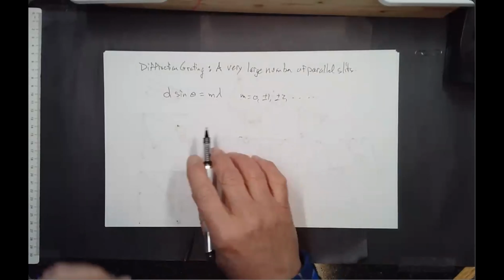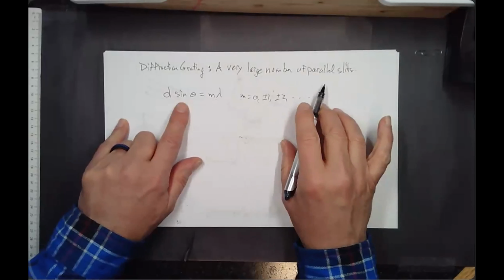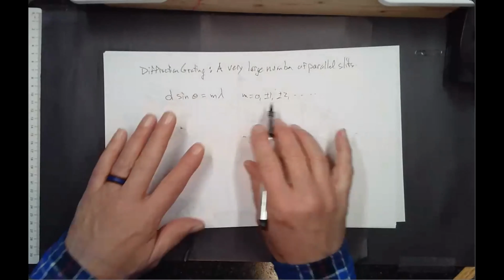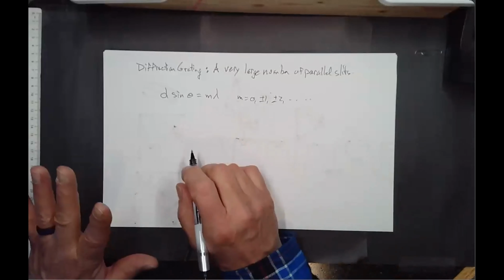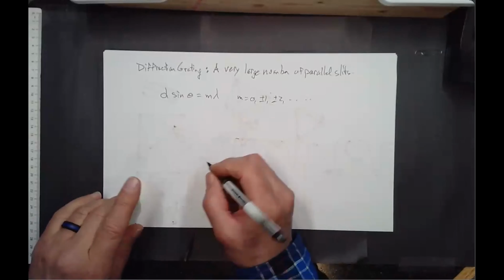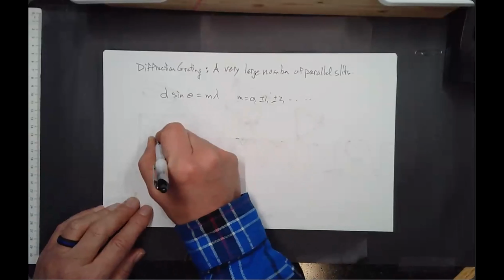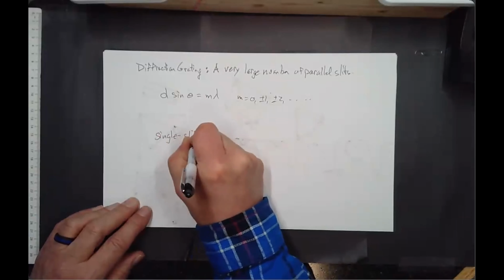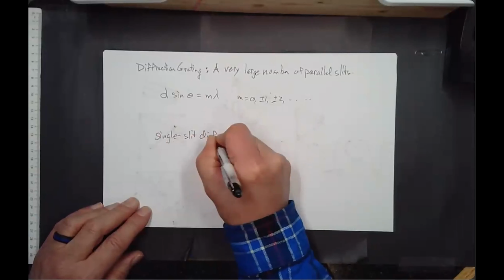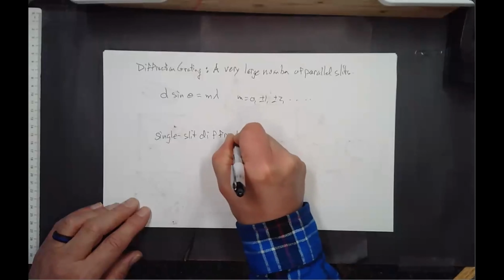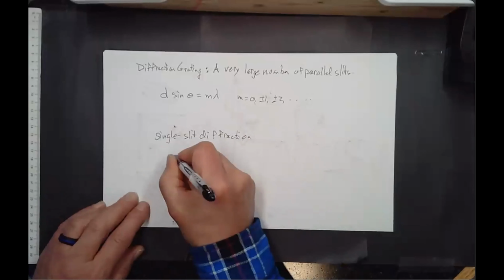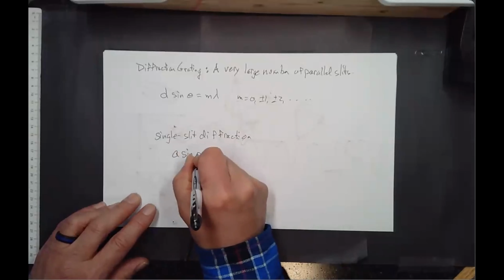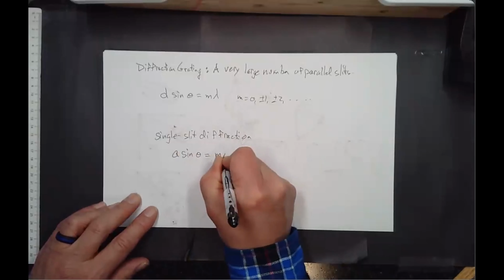Something else about diffraction gratings, because these parallel slits are so very close together, the slits themselves are very narrow. And here's something with a single slit pattern. Now, remember, with the single slit diffraction pattern, we ended up with an expression that looked like this: a sine theta equaling m lambda.